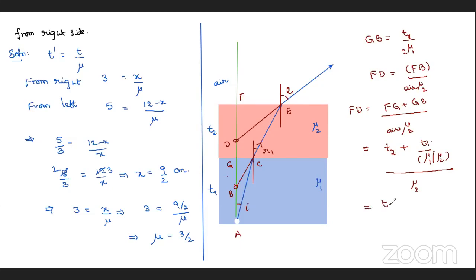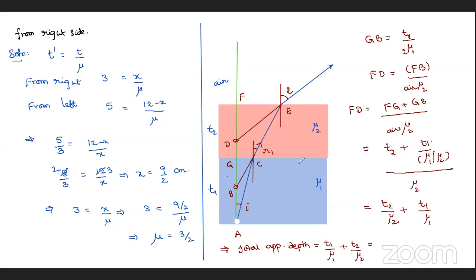That implies T2 by mu2 plus T1 by mu1. If I separate it, this appears like that. The last step, total apparent depth, I got as T1 by mu1 plus T2 by mu2. Am I right? Yes, sir.